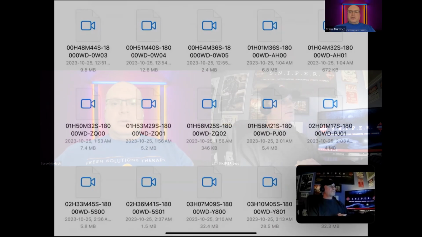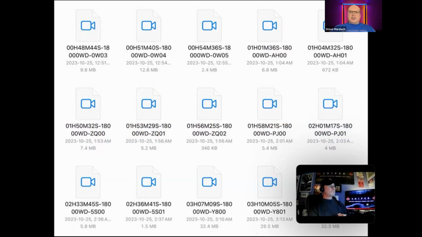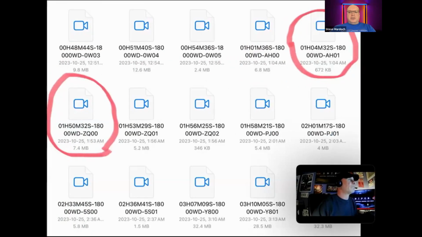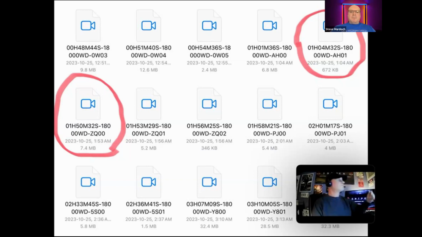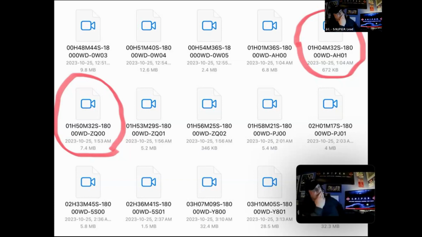That's insane. So here's a screenshot of the actual files from the camera that moved. And in this next shot, you can see here where I've highlighted, there is a gap between 1:04 a.m. and 1:53 a.m. where nothing was recorded.